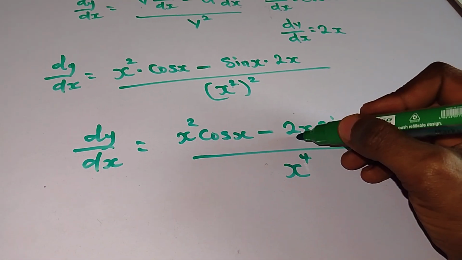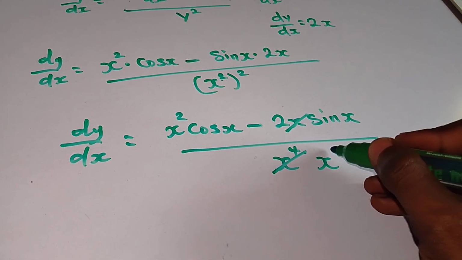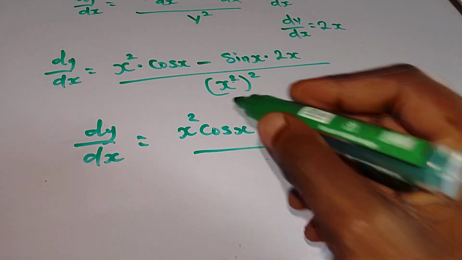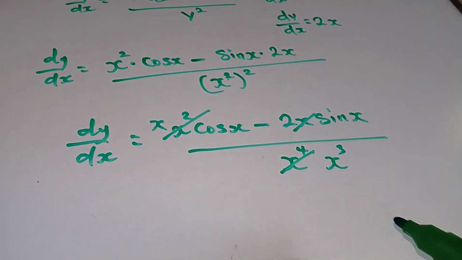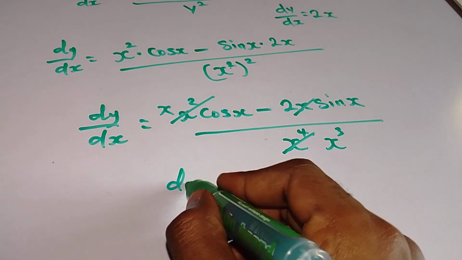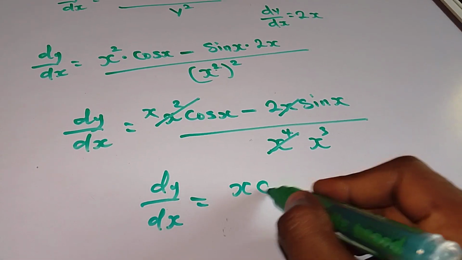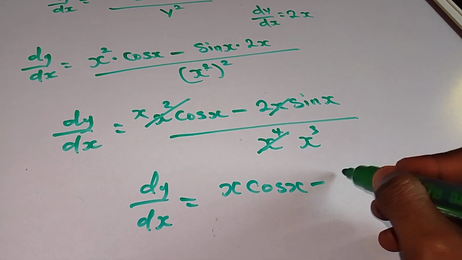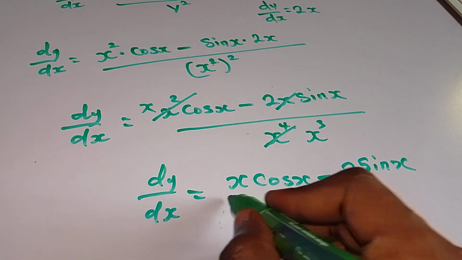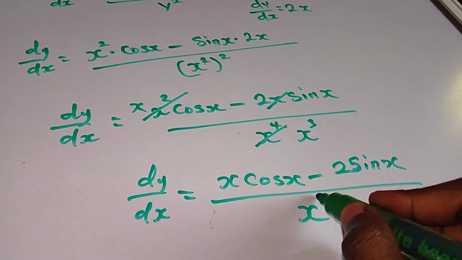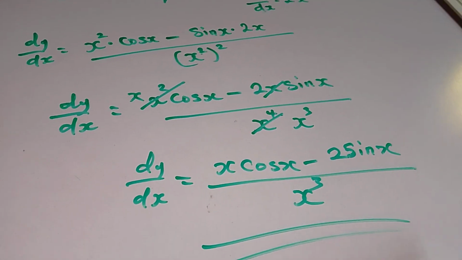So we are going to cancel x here, cancel one x here. So this will remain x raised to power 3. Then cancel one of these x here. So we are going to have x there. So our final answer would be x cos x minus 2 sin x all over x to the power of 3. So that will be your final answer.